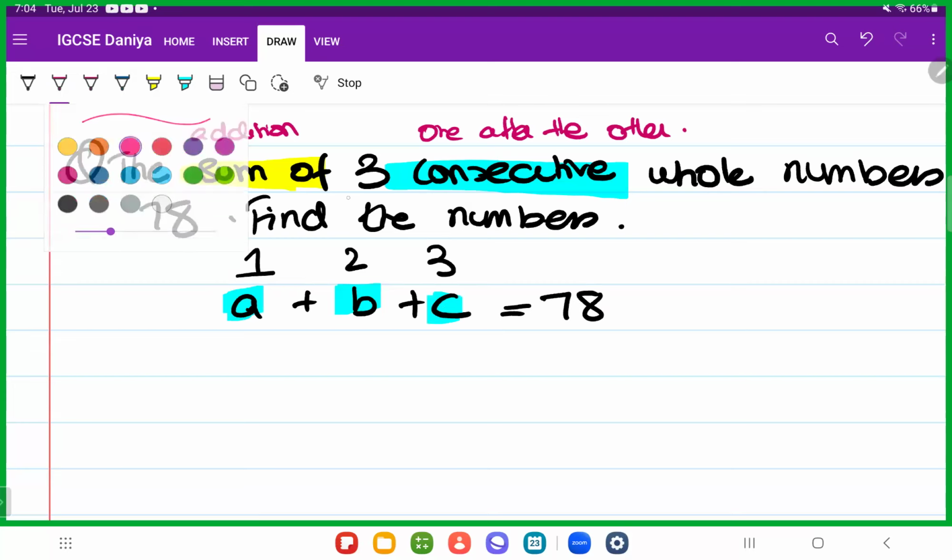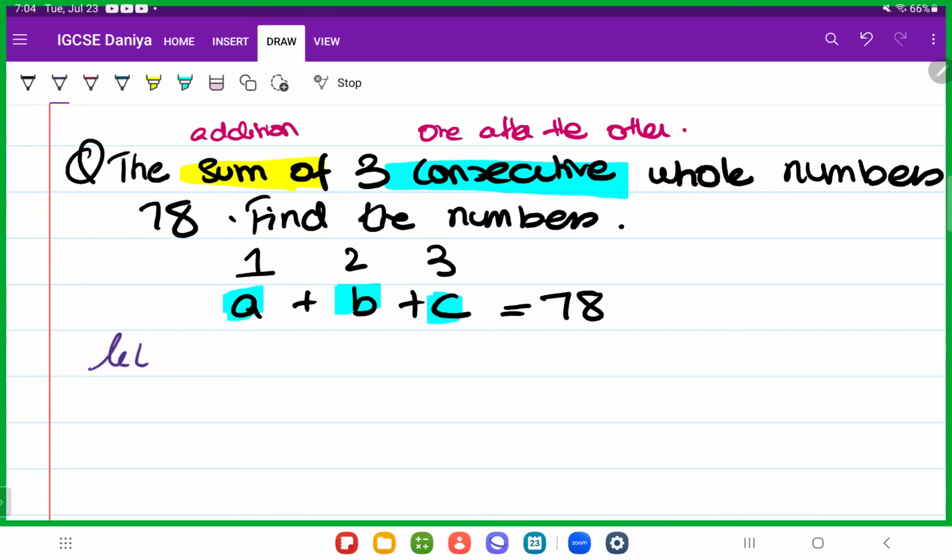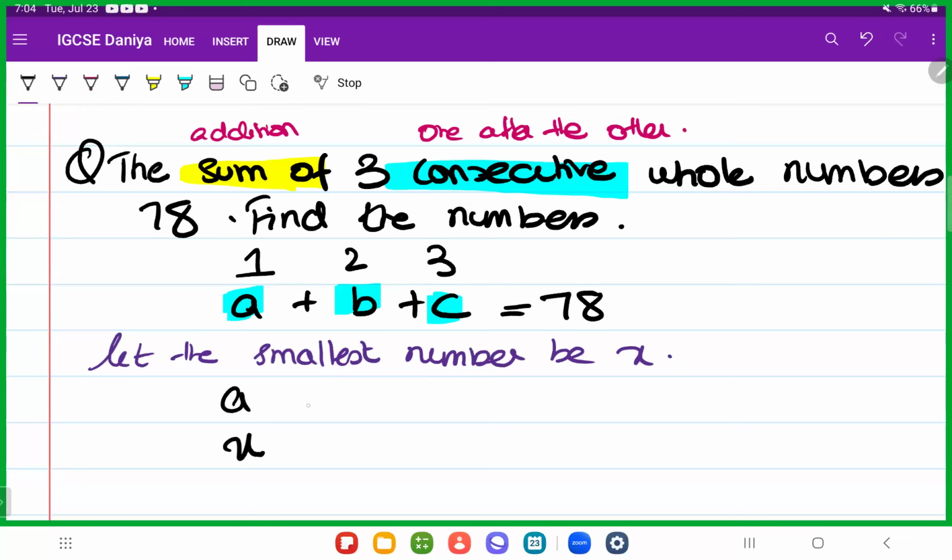So if I just write down the statement, let the smallest number be x. If A is x, I have A plus B plus C, right? If A is x, what would B be? Knowing that it's a consecutive number, it would be x plus 1, right?